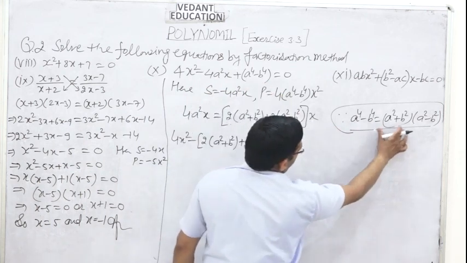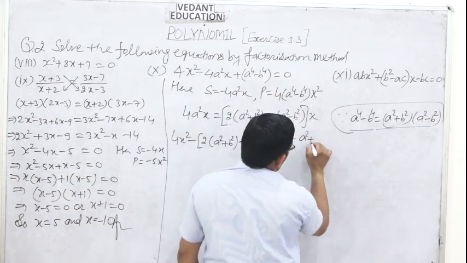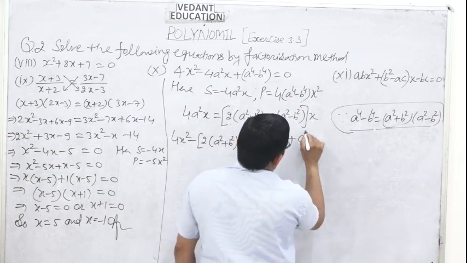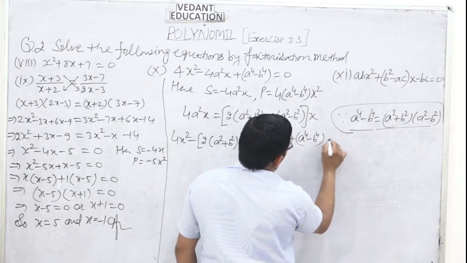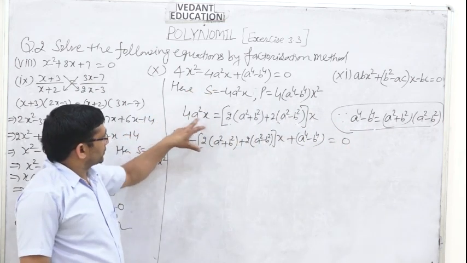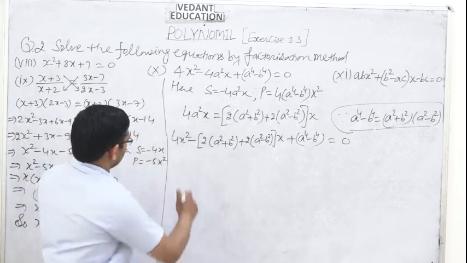a power 4 minus b power 4 we can write as a square plus b square multiply a square minus b square. Okay, first we write 4x square minus 4a square x plus a power 4 minus b power 4 is equal to 0. Here 4a square x is equal to this.